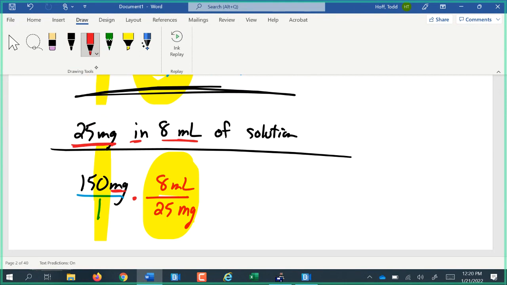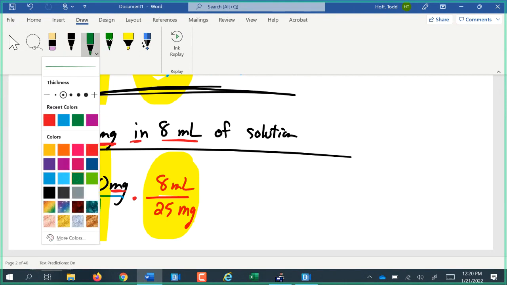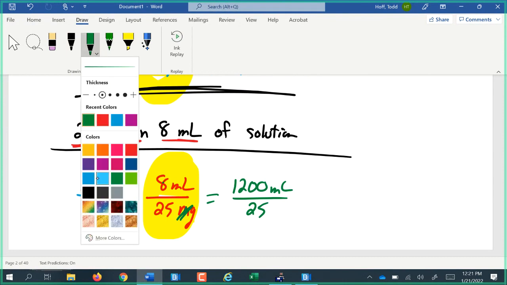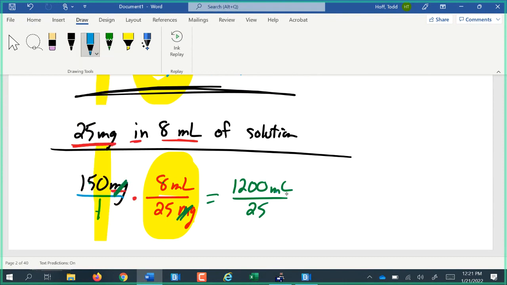So the milligrams cancel out. 150 times 8 milliliters is 1,200 milliliters. On bottom, 1 times 25 is 25. We go ahead and reduce that. 1,200 milliliters divided by 25 is going to be 48 milliliters.